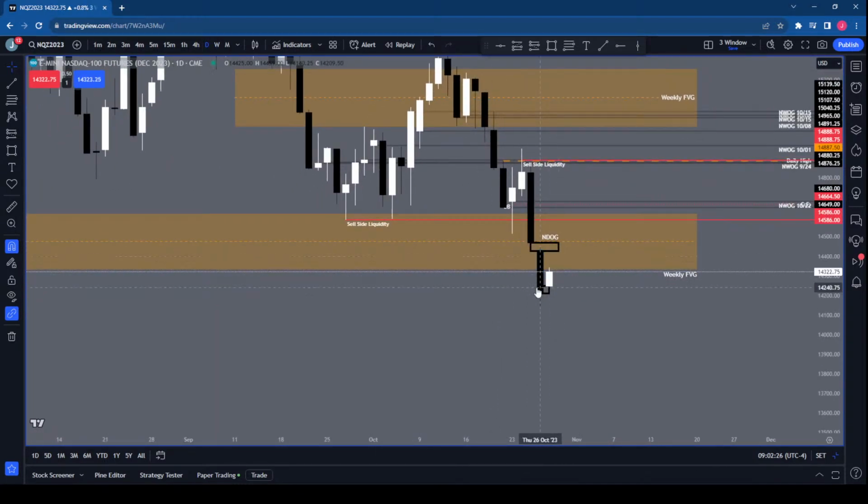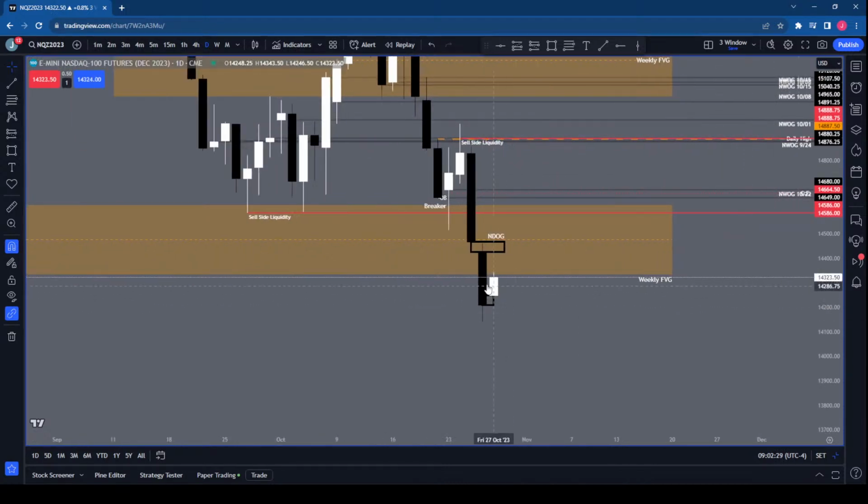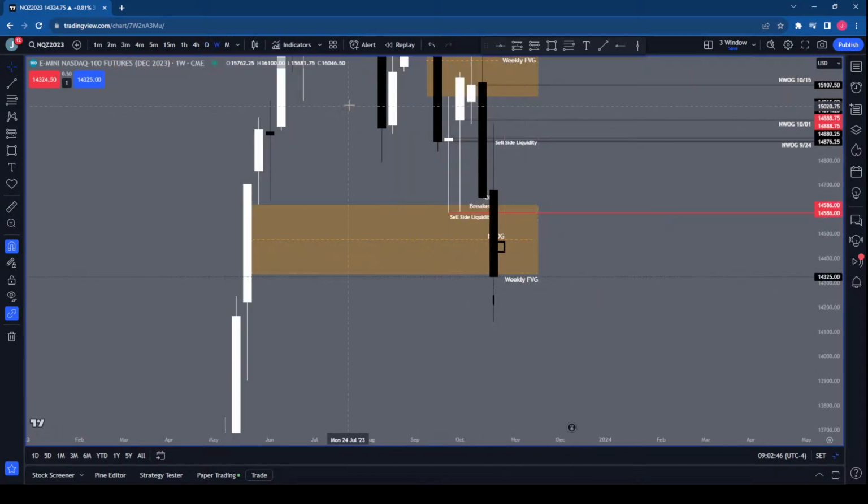So notice how we came down, closed below it. This candle, today's Friday candle, will be the candle that determines: does this week close inside of this fair value gap, or does it close below the fair value gap?